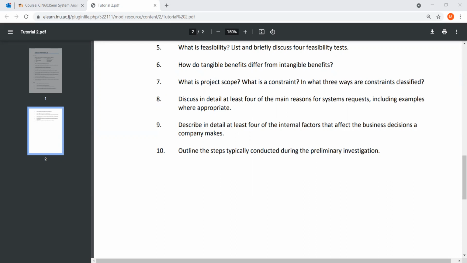The last one from there is reduced cost. Reduced cost, dash.